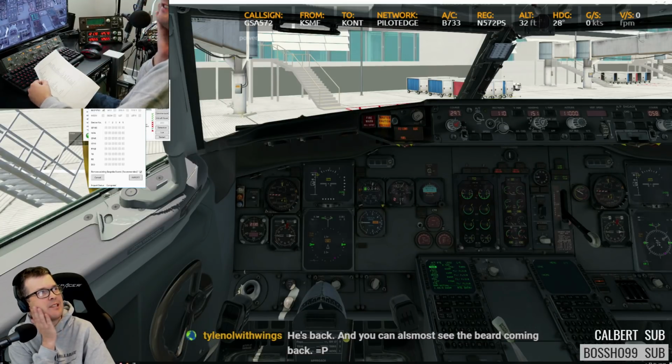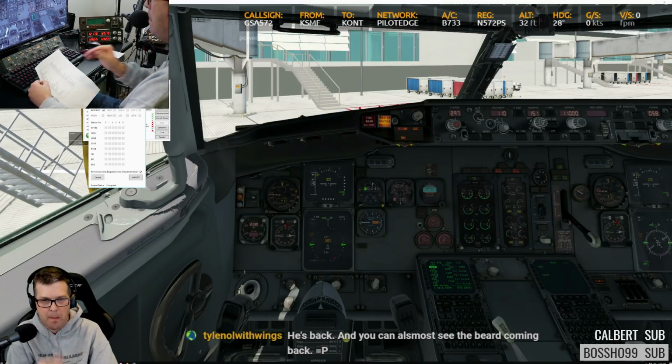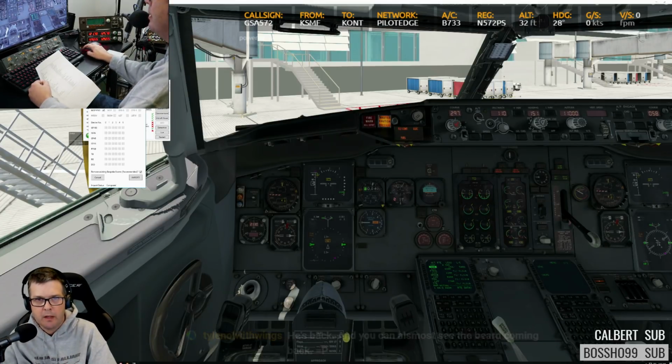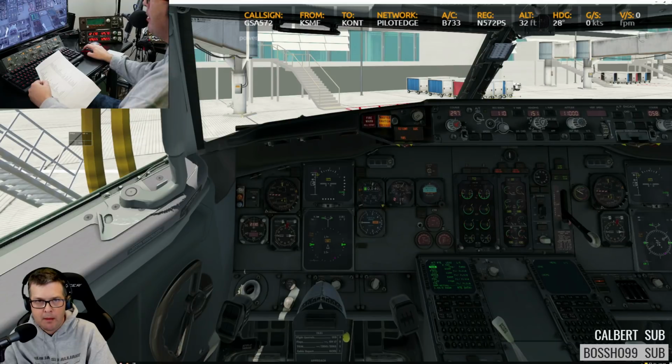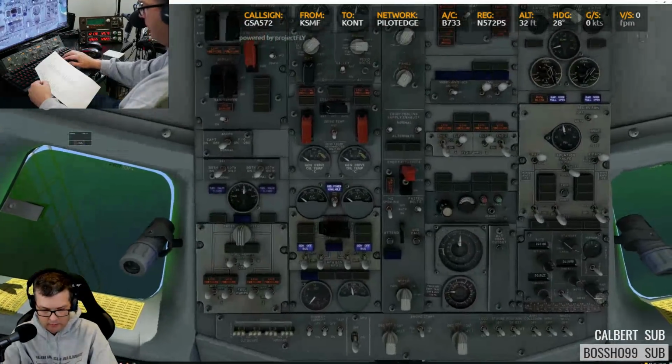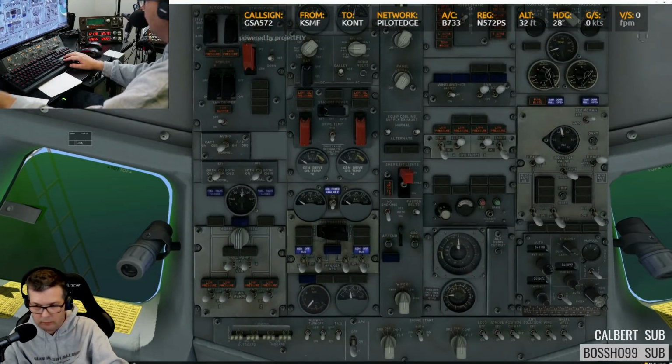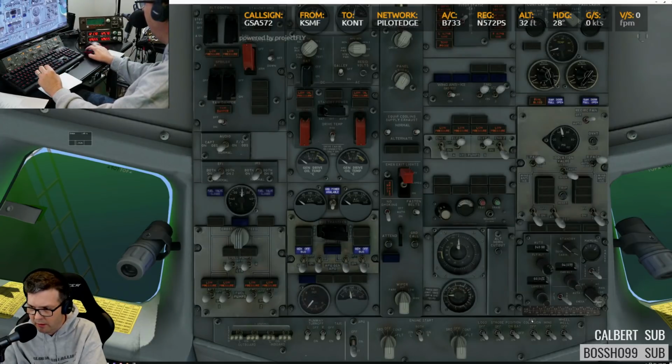It's just starting to come in a little bit, isn't it? All right, cool. MCP panel is working. Minimize that. Position light can go to on.